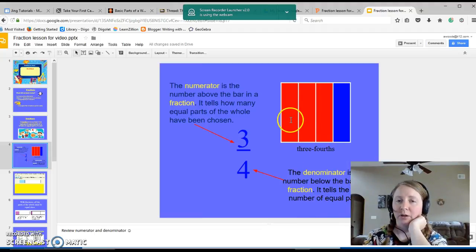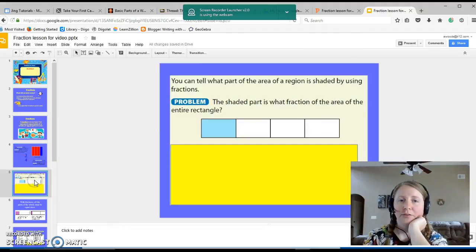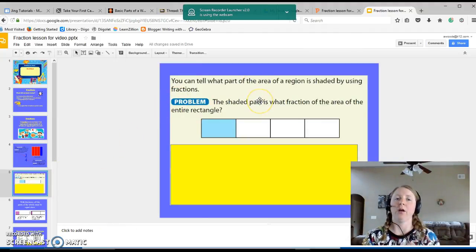If we see here on this rectangle, we see 1, 2, 3, 4 equal parts is what it's been divided into. So let's see if we can tell what part of the area the region is shaded by using fractions. The shaded part is what fraction of the area of the entire rectangle? How many pieces are shaded?